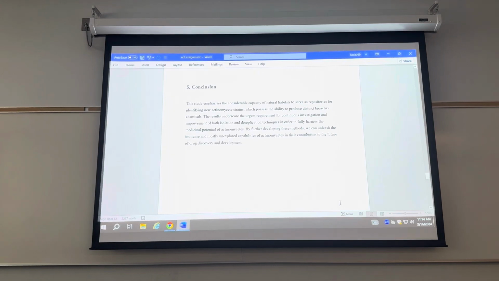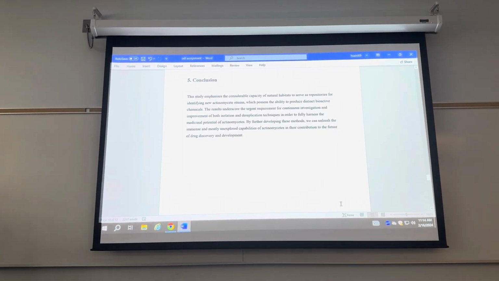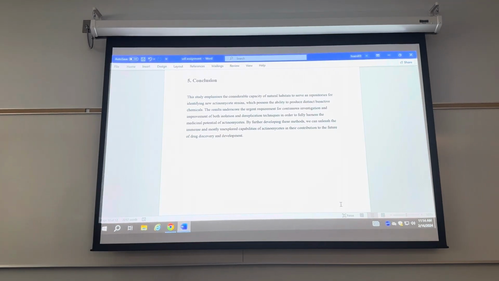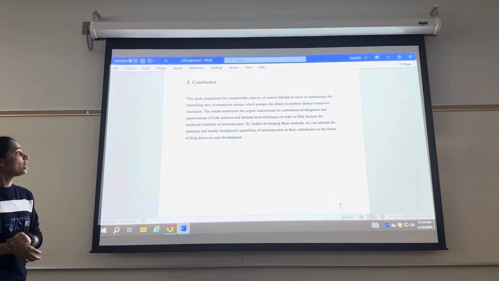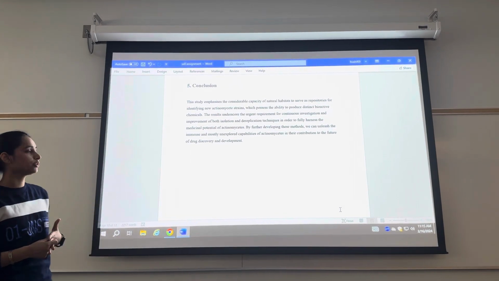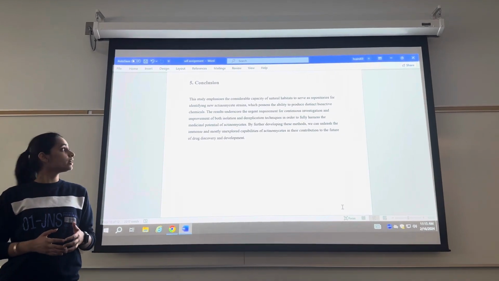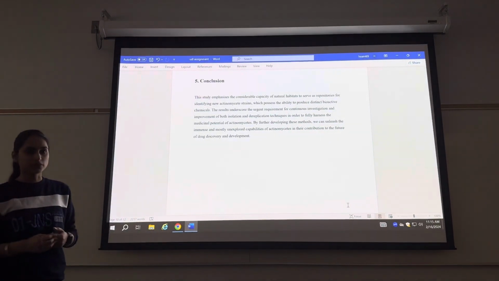Now moving to the conclusion. This study emphasizes the considerable capacity of natural habitats to serve as repositories for identifying new actinomycete strains, which possess the ability to produce distinct bioactive chemicals.